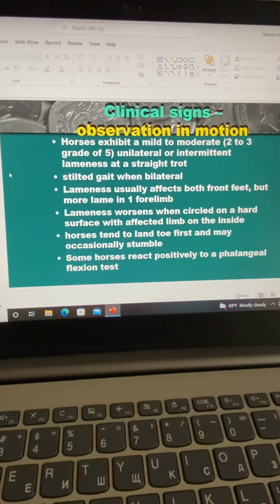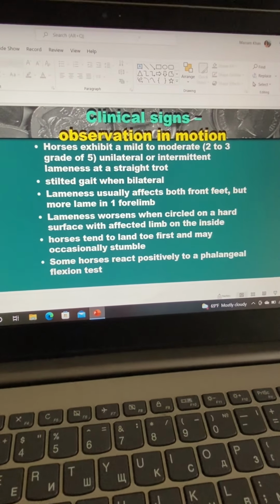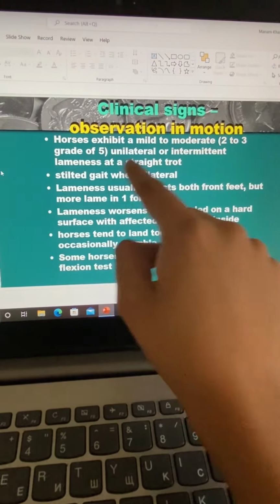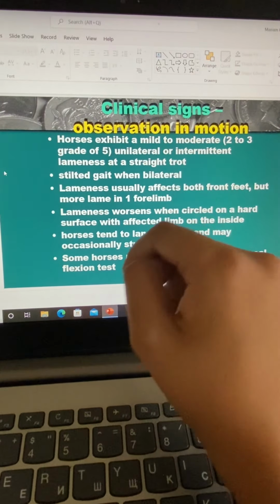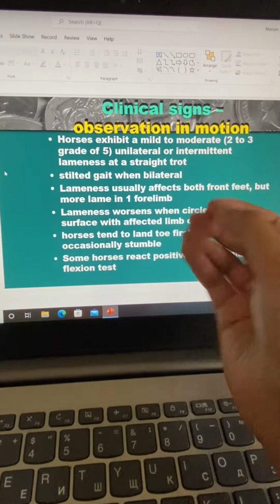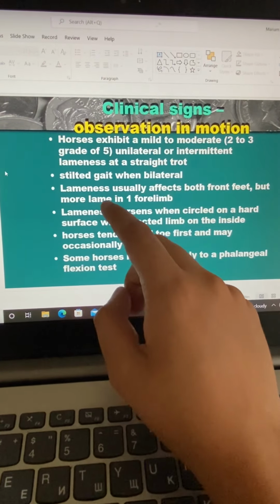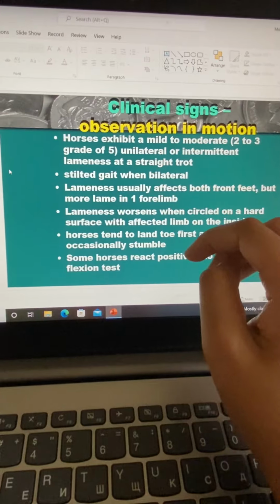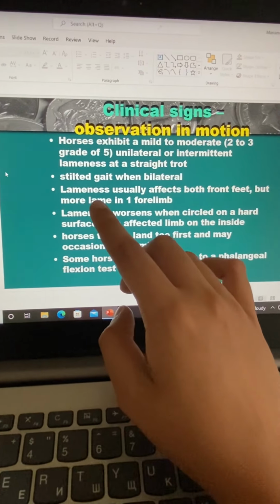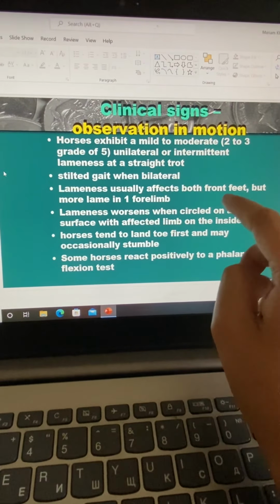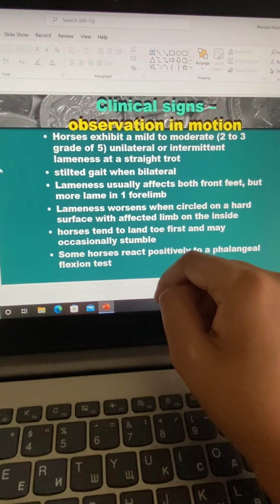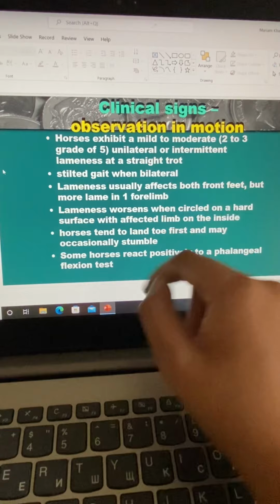You can also see clinical signs when the horse is moving. Horses show mild to moderate, grade 2 to grade 5, unilateral intermittent lameness when trotting. You'll see a stilted gait in a bilateral case. Lameness isn't always in just one hoof, it could be in both, because this type of lameness usually affects both front feet, but the more lame one will be obvious.